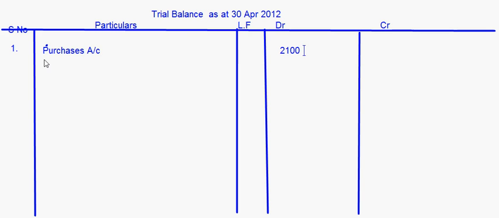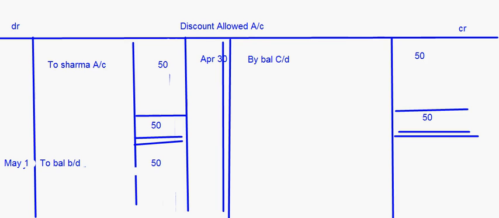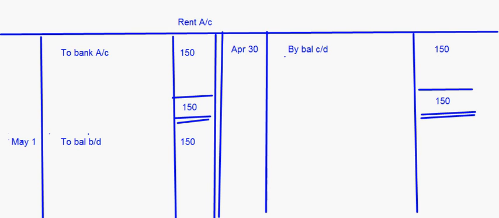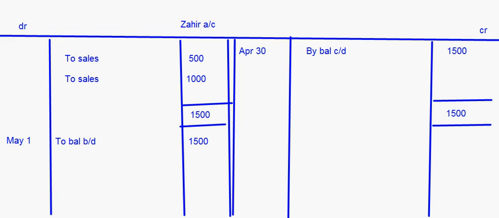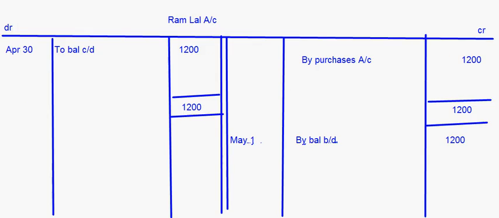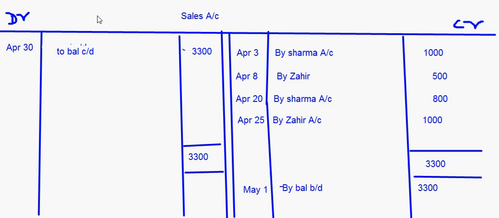Okay, now look at the sales account. Sales account, you see that on May 1st, this is a credit balance, credit side it's coming, credit balance of 3300.